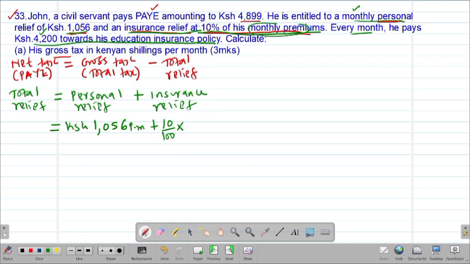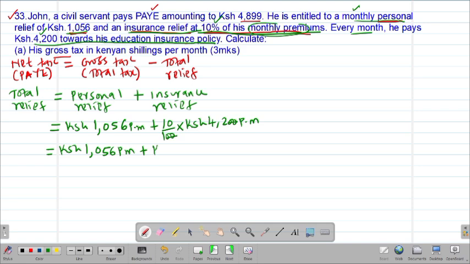Therefore, the insurance relief is 10% of that particular premium. So we'll take 10% of the 4,200 shillings per month. So this will give us Kenya shillings 1,056 per month. Then, of course, we add, and the two zeros will cancel out.